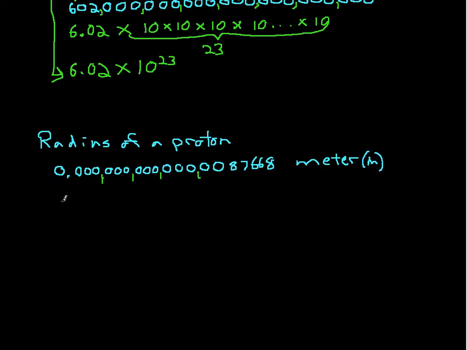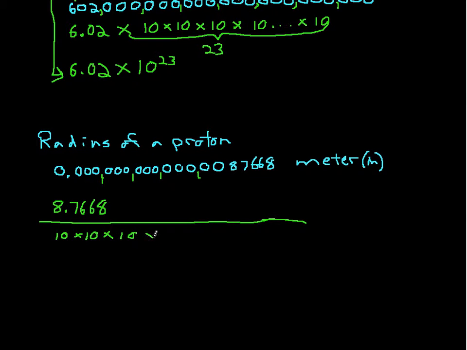Now, if we were going to write this in scientific notation, we would be putting 8.7668. But this number is really small, so I'm going to write this as a fraction: we would be dividing by 10 multiple times.